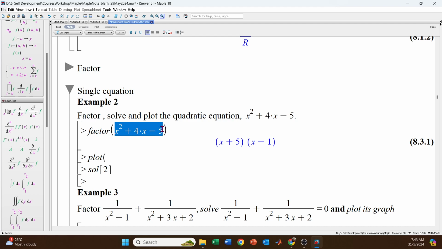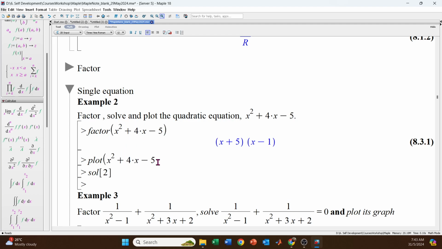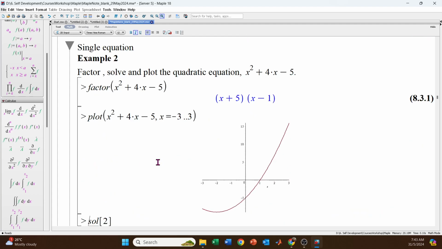Then put x in any interval, I just put like this. So I get one of the roots here, x is 1. Another root is -5, so I put -6 here.